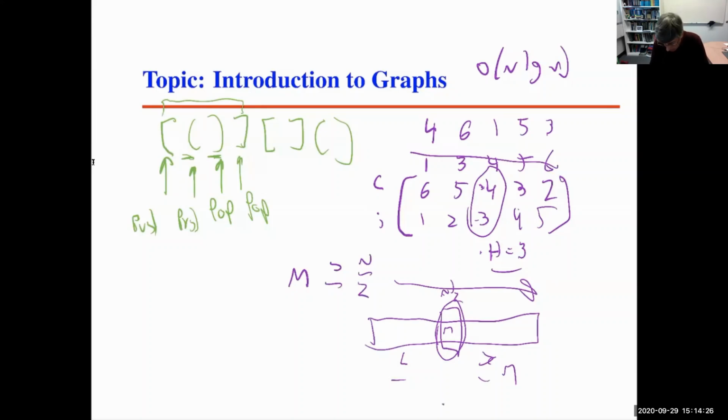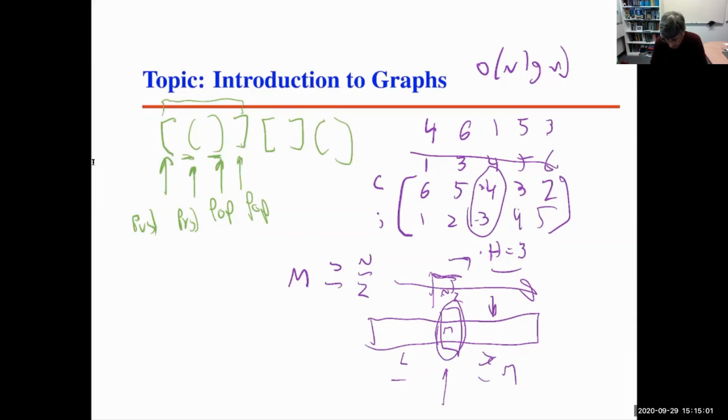If the value of the median element, the number of citations, is greater than n over 2, then the split, where the h-index happens, has to lie on the right.